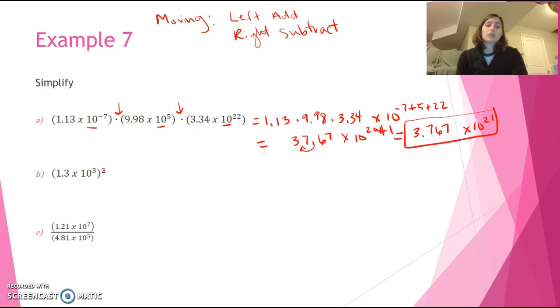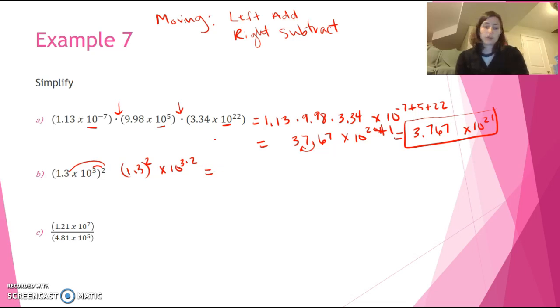All right, so here we have my scientific notation to a power. And so what I'm going to do is distribute, because this is a product, we're multiplying. So now I have 1.3 squared times 10 to the 3 times 2, because we're doing a power to a power.